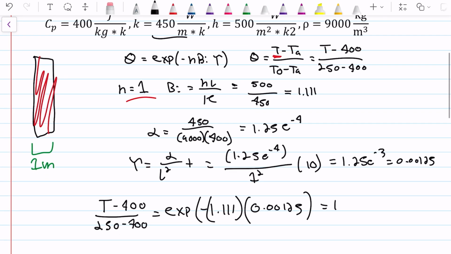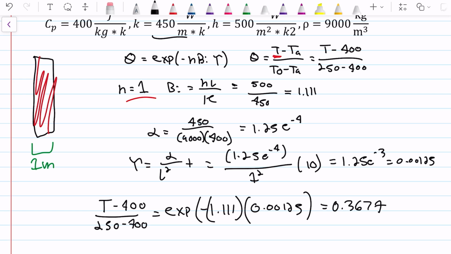This is roughly equal to 1.0014, we'll call it. Actually, hold on. That was supposed to be negative. I was supposed to take the exponential of the negative of that number. Okay, there we go. So this becomes 0.3674.